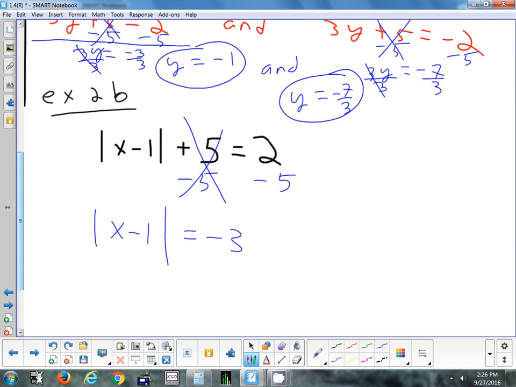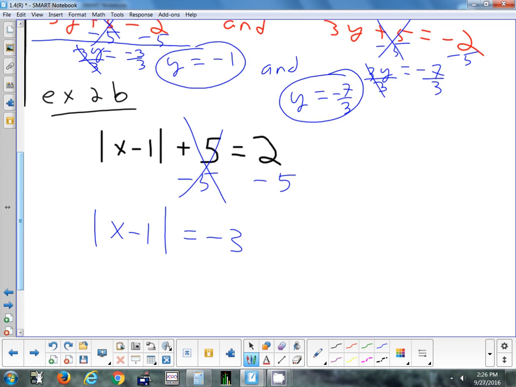Now before we go any further with this problem, I want you to look at that carefully. We have absolute value on the left, right? Absolute value is always what kind of number? Antonio? Positive. It's always positive. So no matter what, anytime you take the absolute value, that's a positive. What kind of number do you have on the right? Negative. A negative. All right, so let's try to solve this.